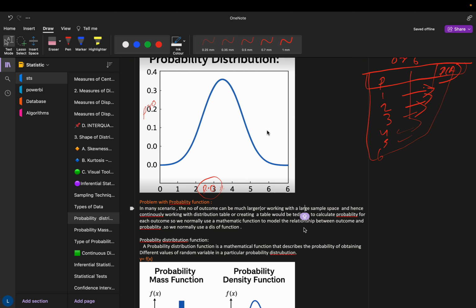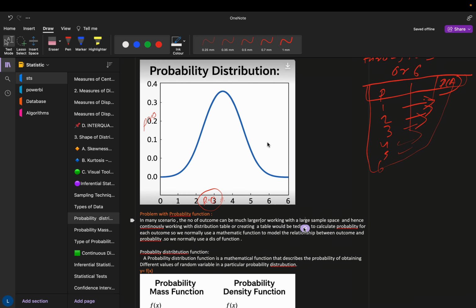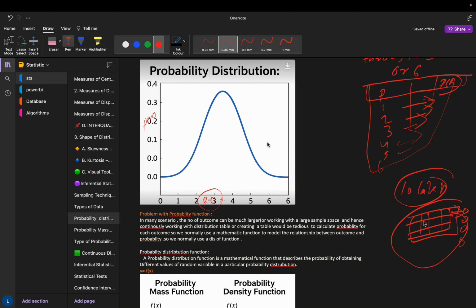You can simply say that I have performed an experiment where I have tossed a coin 1 lakh times. In such a situation, is it possible to make a table and calculate the probability for each of them one by one? It is really very difficult, right?